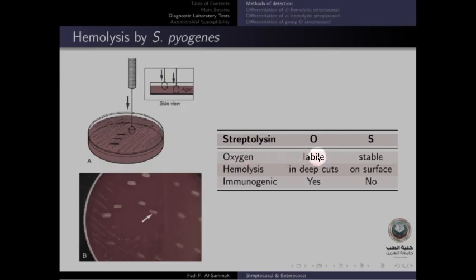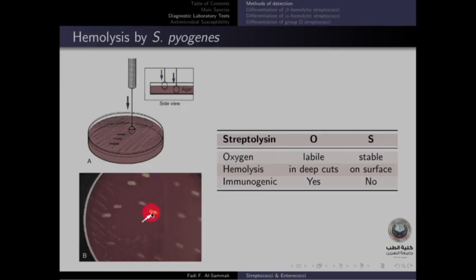Therefore, we see this hemolysis only in deep cuts in anaerobic areas or places. And in order to provide these anaerobic places or deep cuts, we do stabbing of the media by using the metal loop. In this way, we can provide these deep cuts.